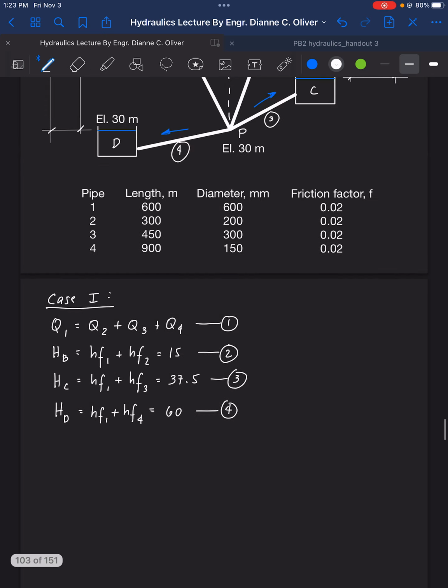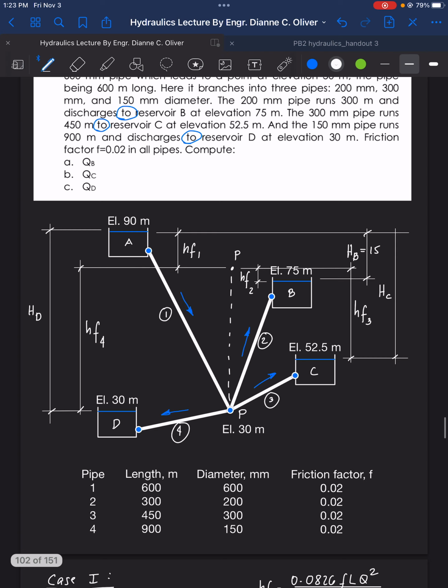Now, since we're using friction factor F, our formula for HF is equal to 0.0826 FLQ squared all over D raised to 5. So how do we get here the value for Q?